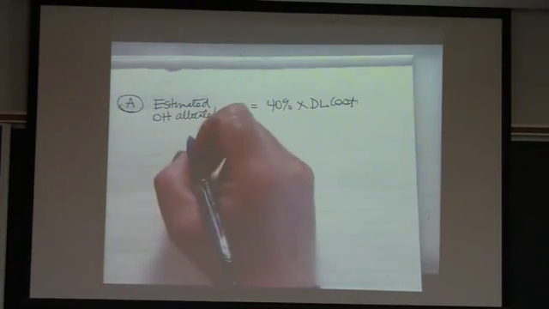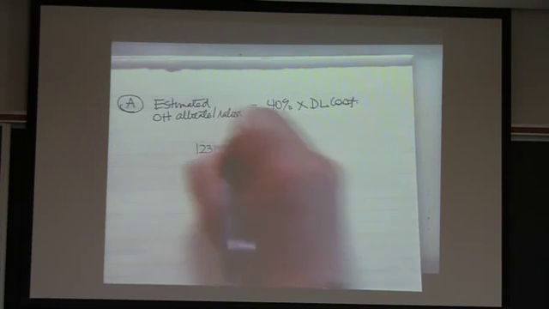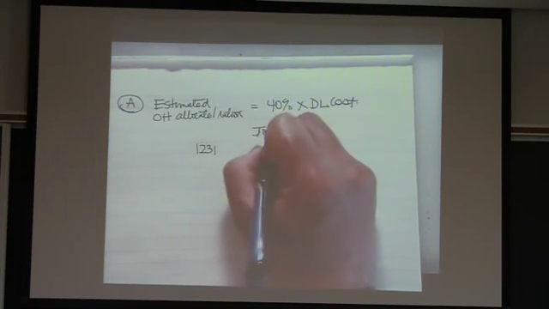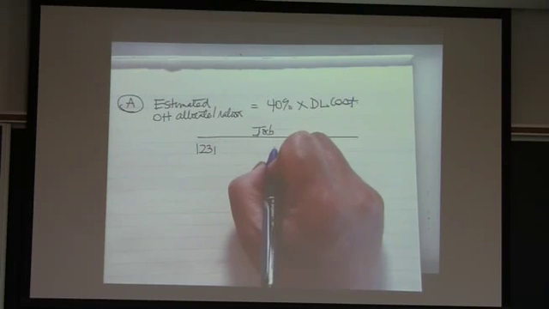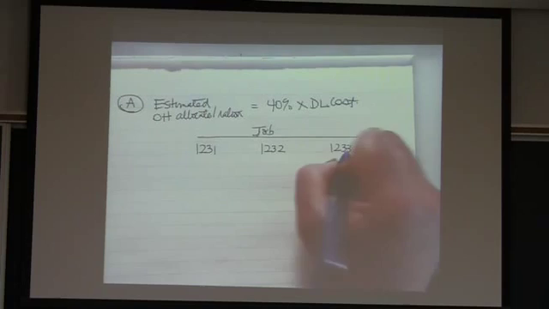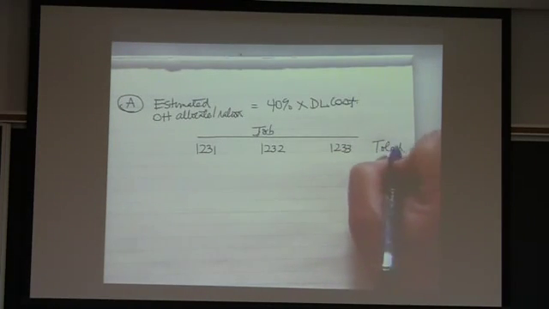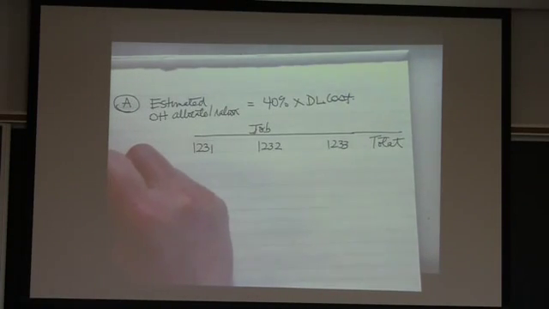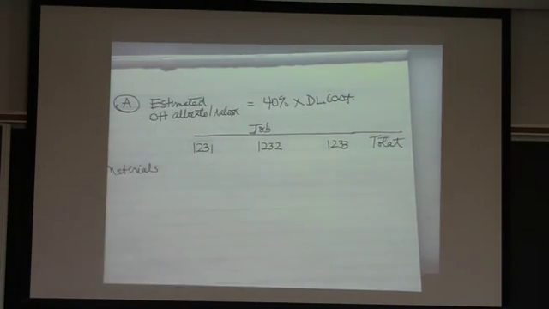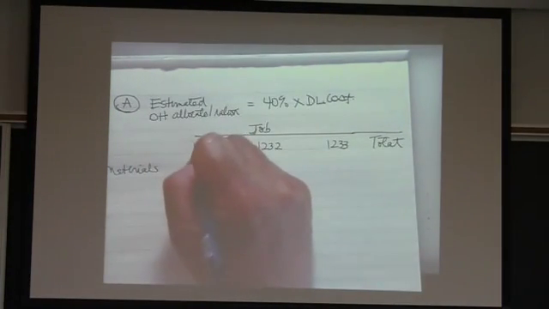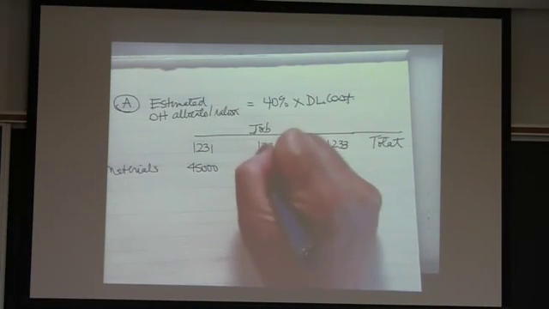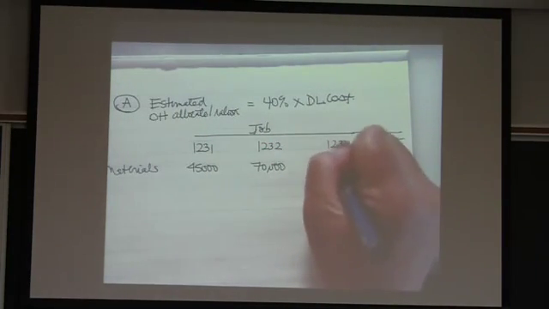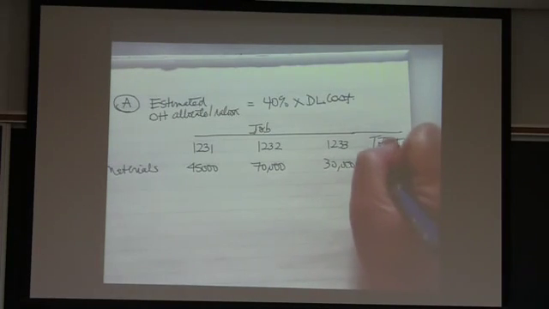So I've got job number 1231, the second one is 1232, and 1233. I'll put a total column here. So materials for each job that was given to us is 45,000, 70,000, 30,000, and the total of that is 145.